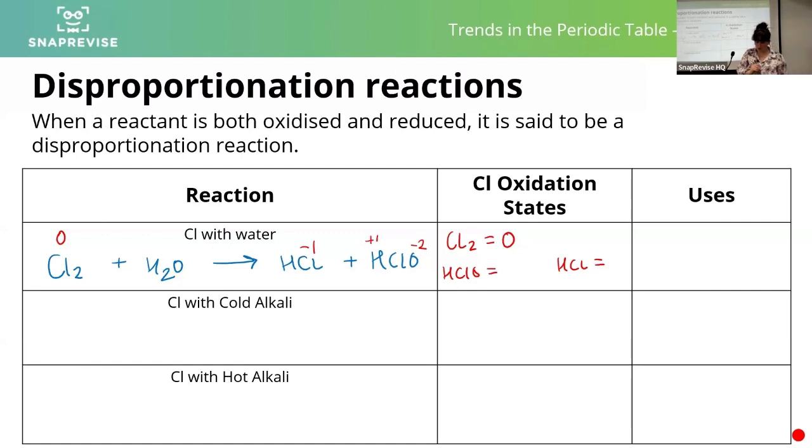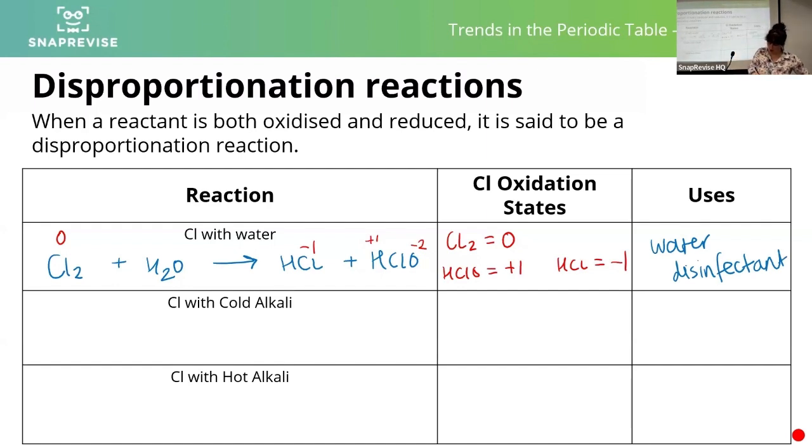That means our chlorine has to be +1 as well. So our chlorine has gone from 0 to +1 and from 0 to -1, so it's been both oxidized and reduced. Why is this useful? This is used to disinfect water. This is why we talk about adding chlorine to swimming pools. It's used as a water disinfectant.